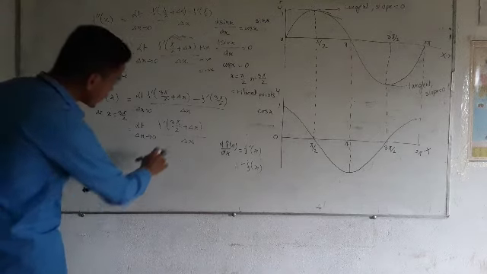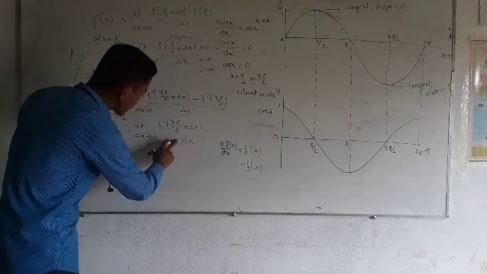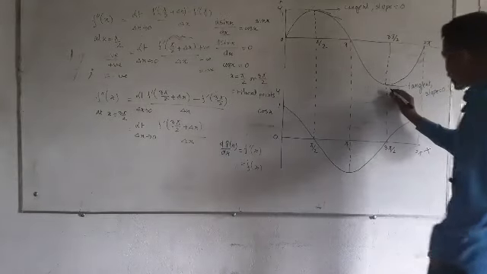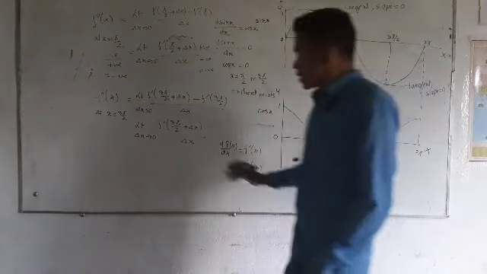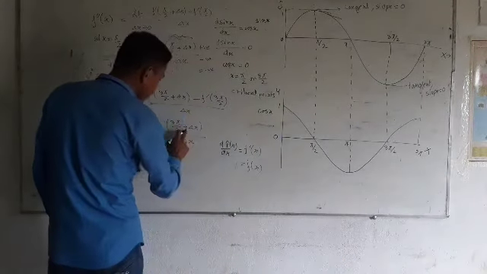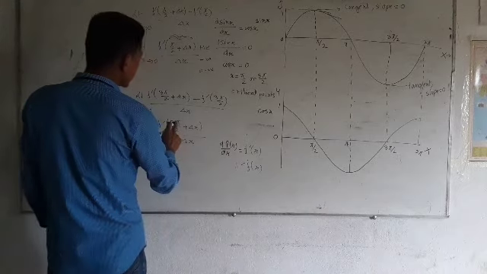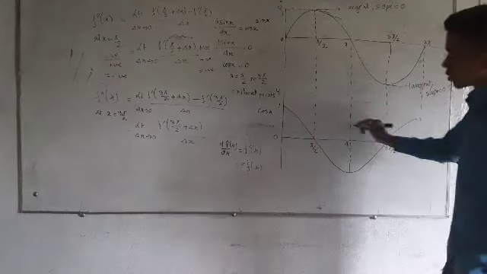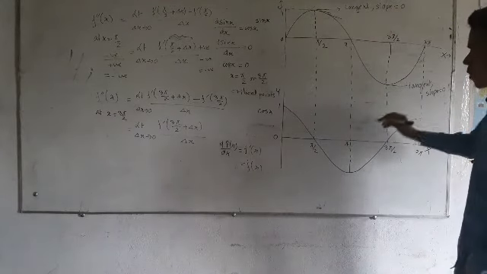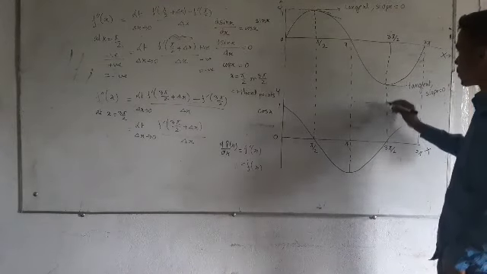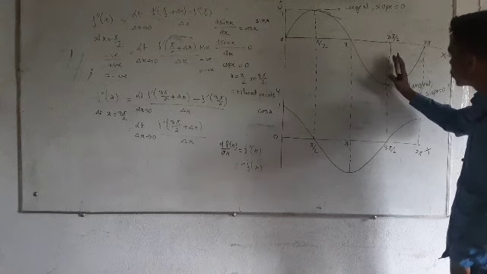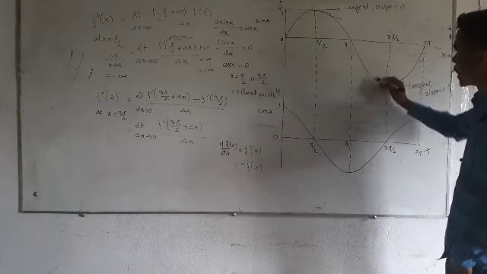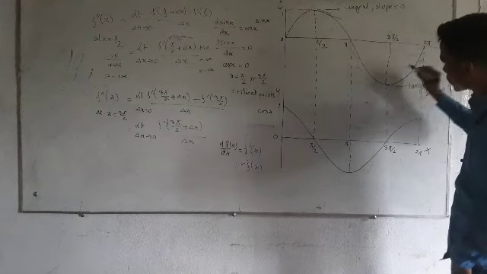Here, if delta x is taken to be negative, then a negative number added to 3 pi by 2 yields an angle less than 3 pi by 2. Therefore, this part of the derivative of the function will represent the slope of the curve lying to the left of the vertical line touching the point 3 pi by 2. That is this region.